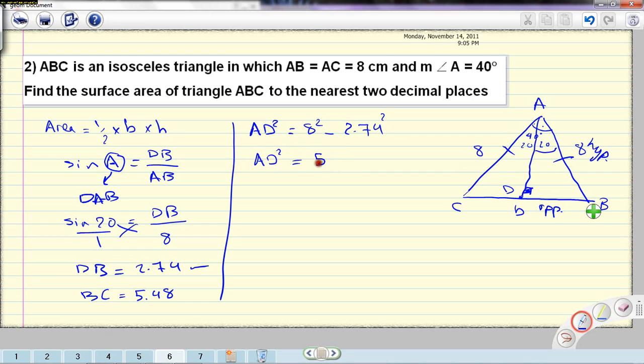So AD to the power of 2 equals 56.71, and when I use a square root to get this one, the answer will be 7.5, I think, centimeters.